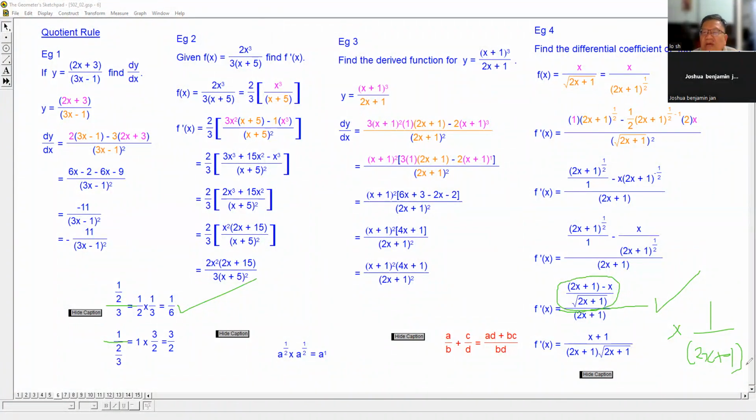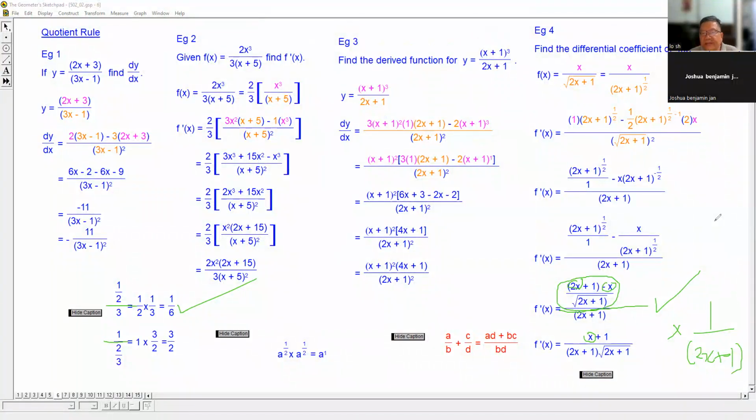You multiply this. Okay. Then now, how about the x plus 1? X plus 1 is this one. 2x minus x is x. Then the plus 1 here is the plus 1.